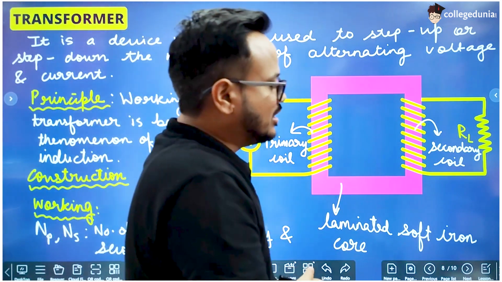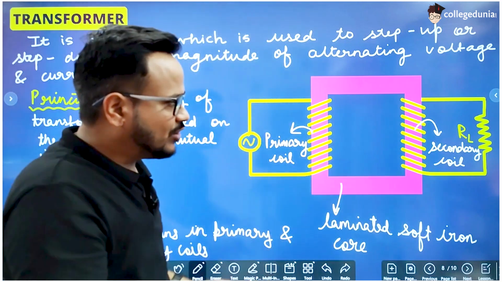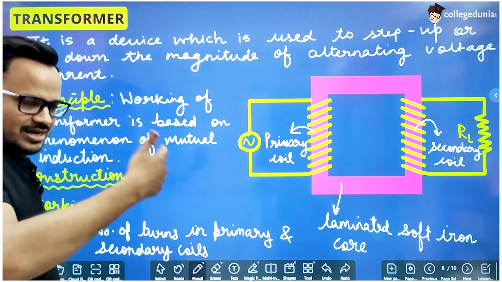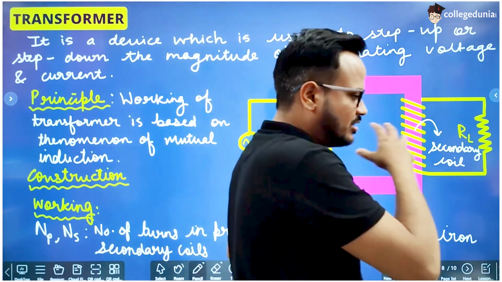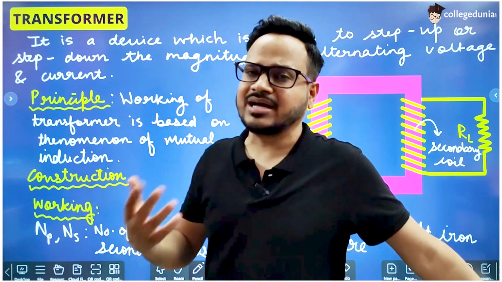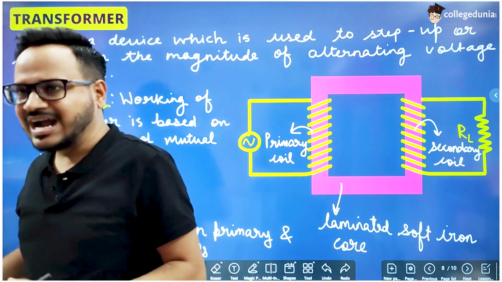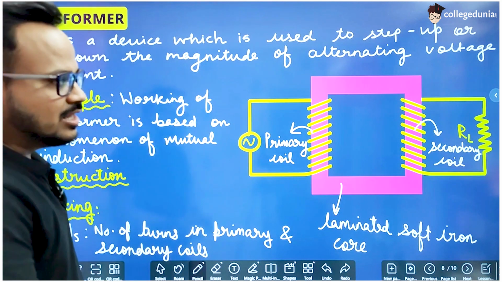So what happens then, the material, that is soft iron, gets magnetized, right? Because the small domains present in it get magnetized when the current increases, and they get demagnetized when the current decreases. Again they get magnetized when current increases, and again demagnetized when current decreases.